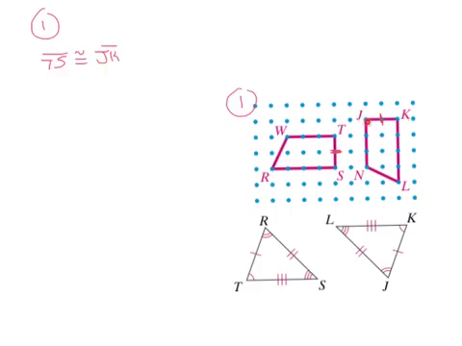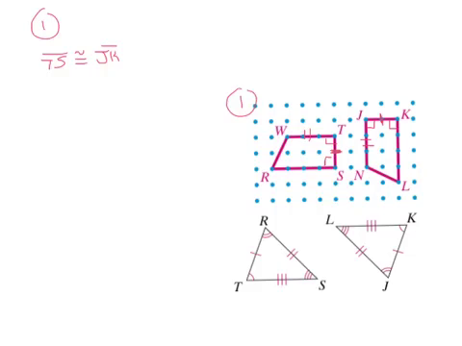J to N is 1, 2, 3. T to W is 3 as well. So I can put 2 lines there to mean that that's congruent. Angle W is a right angle, as is angle S. The same thing with angle J and angle K.